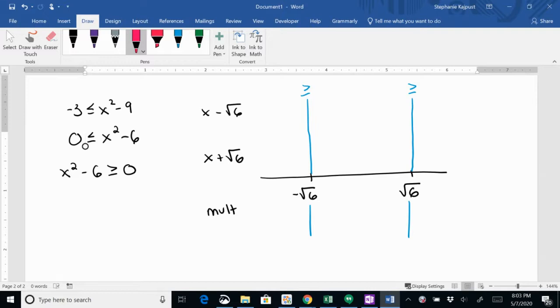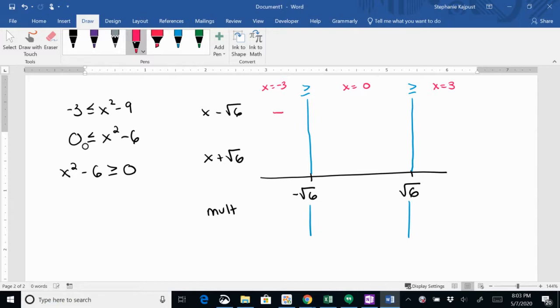The square root of 6 is 2.4, so I can plug in like -3 and +3 on either side, and then I can plug in 0 to make my sign chart. So I'm going to just plug those into x, and then I'm going to write down whether my numbers are positive or negative.